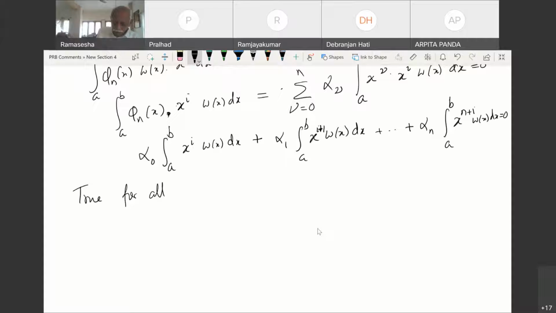Okay, so let us call integral a to b x to the power i w(x) dx mu i, which is the higher moment of w(x).